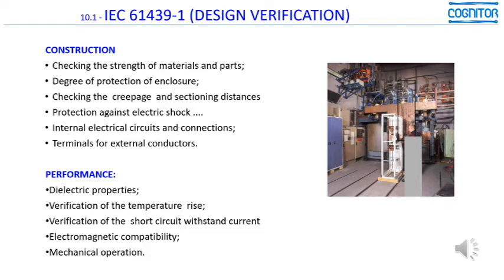They are basically the same verifications that we did before in the tests prescribed in IEC 6439. Nothing changed on this aspect. The two standards, the old one and the new one, are basically in the same conception for these aspects.